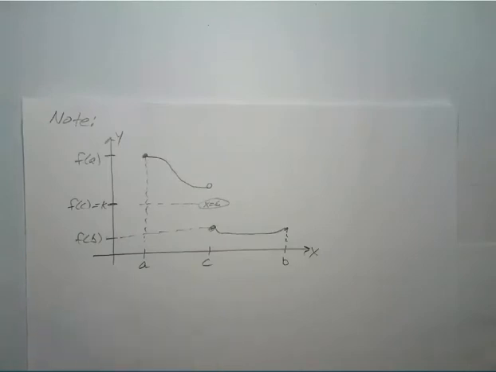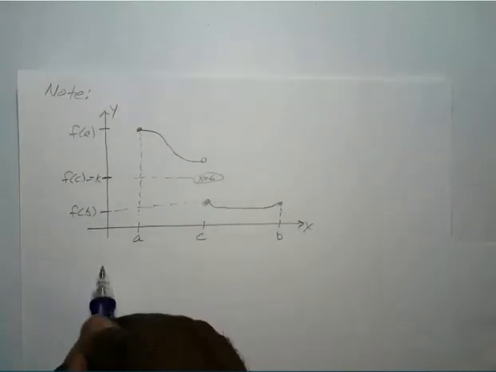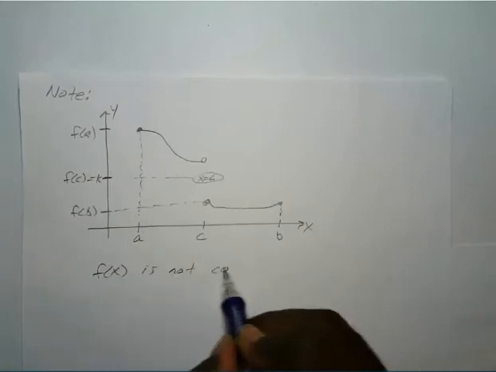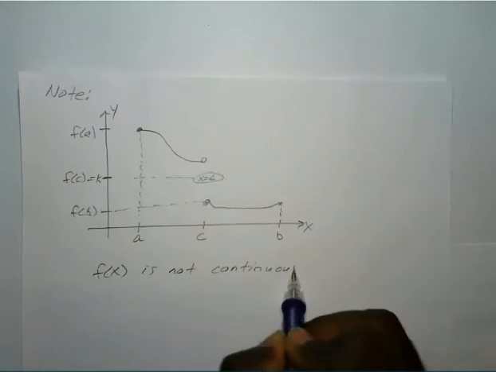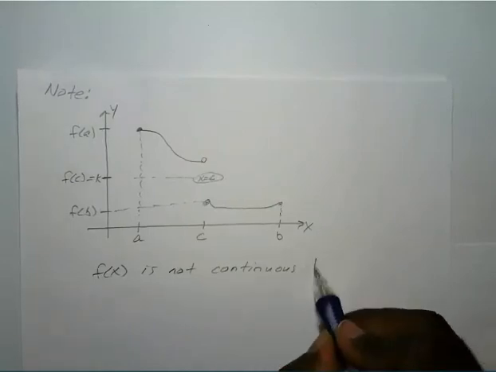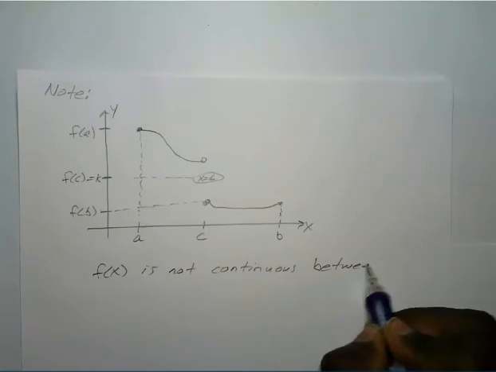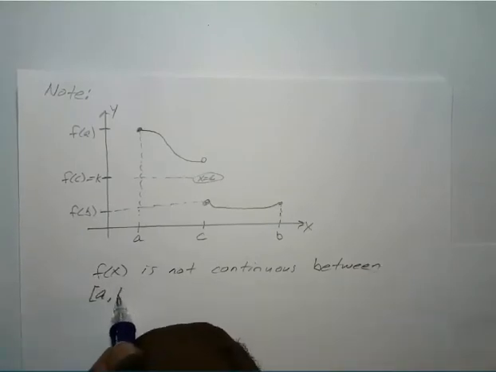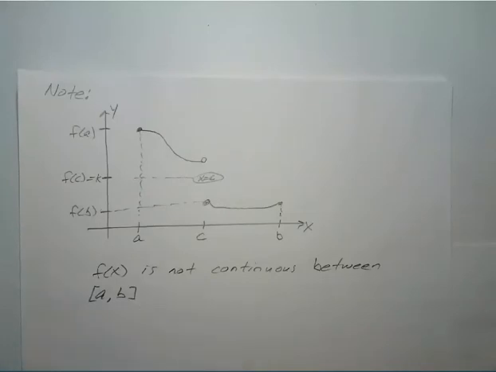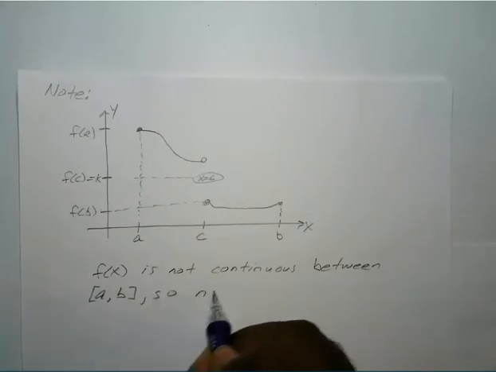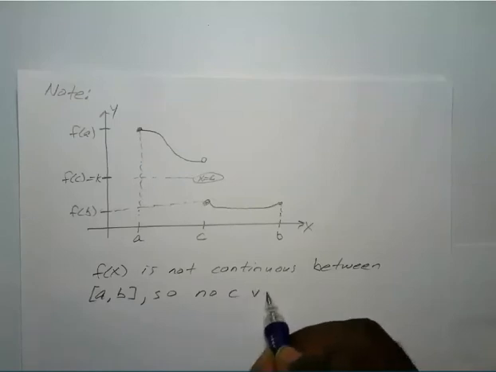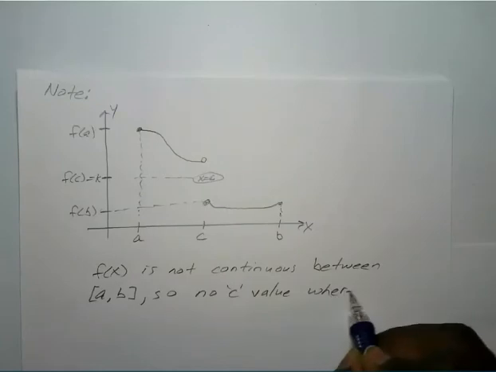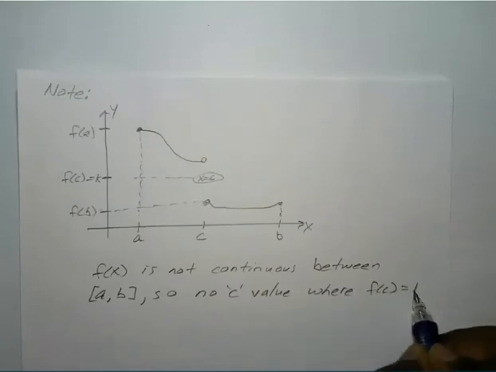Okay, so we see here, that's why it has to be continuous. f of x is not continuous between the interval a, b. So no c value where f of c is equal to k.